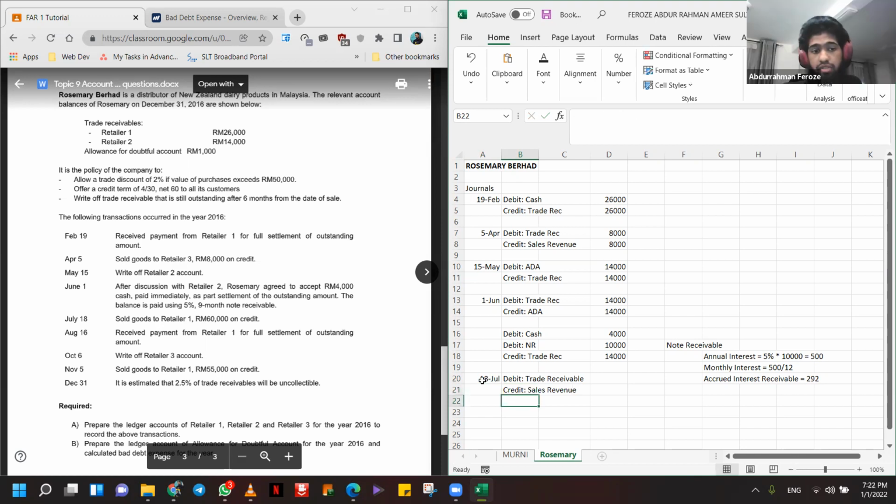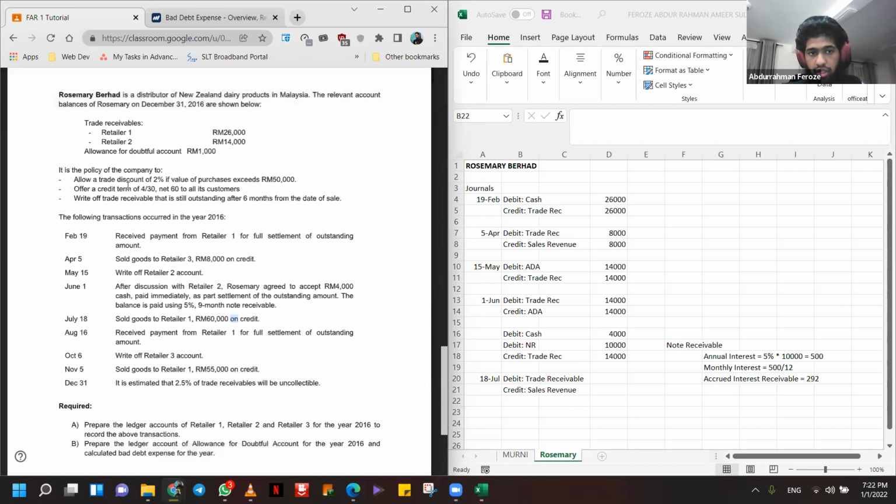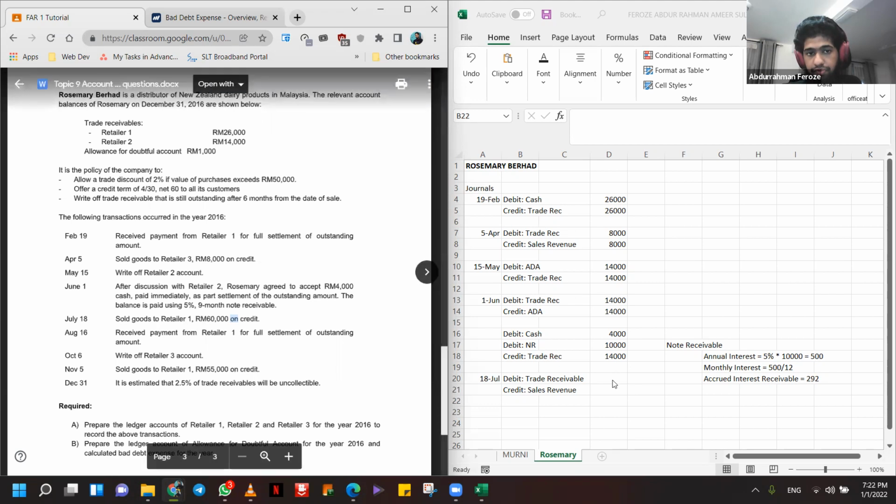Now it says here sold 60,000 on credit, but if you remember in the question, it is a policy of the company to allow a trade discount of 2% if the value of purchases exceeds 50,000. So over here, you can put 98%, because they are allowing a discount of 2%.